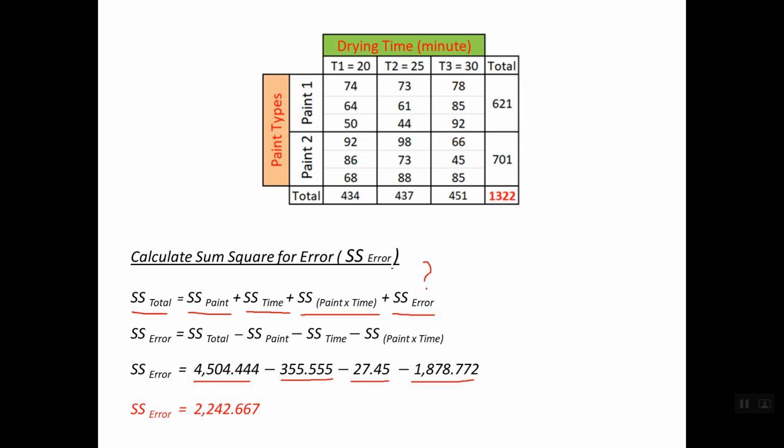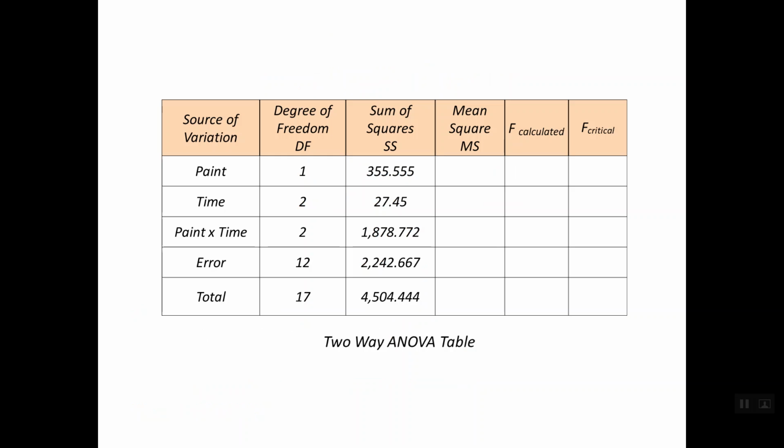So the value of the SS for the error is 2242.667. So in this way we have calculated all the SS needed to fill the two-way ANOVA table.